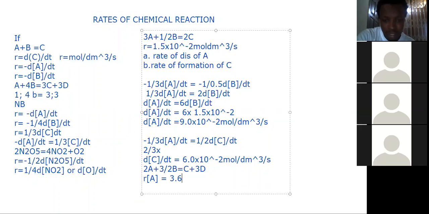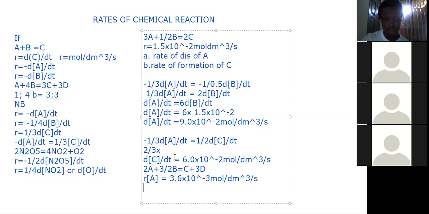If the rate of disappearance of A is 3.6 times 10 to the power minus 3 mole per dm cube per second, determine one, the rate of disappearance of B.